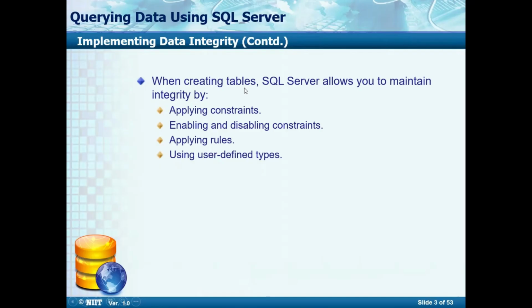So when creating tables, SQL allows us to maintain integrity. There are different ways by which we can maintain this integrity. We can apply constraints. By the time we get to it, you are going to know what we call constraints.